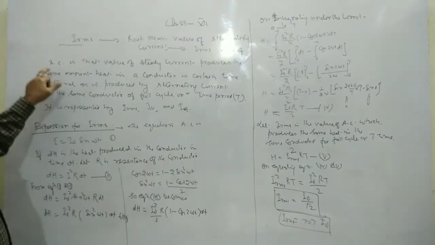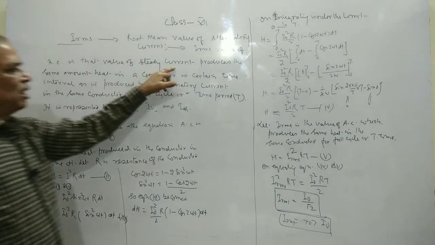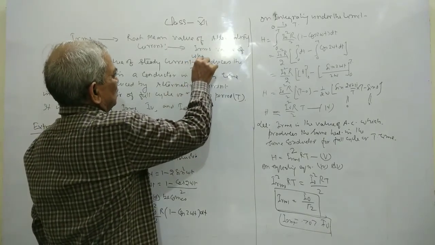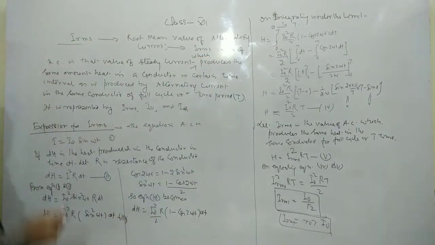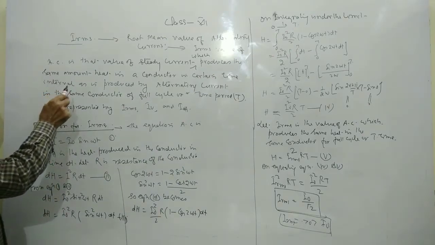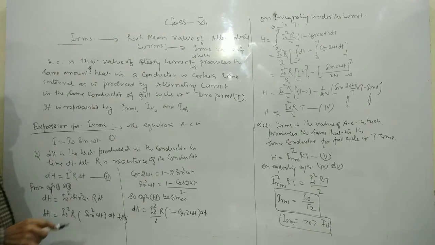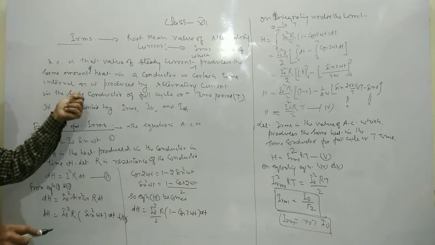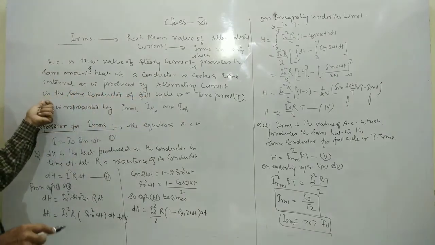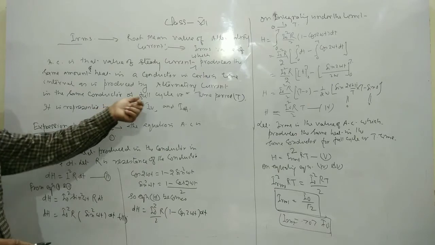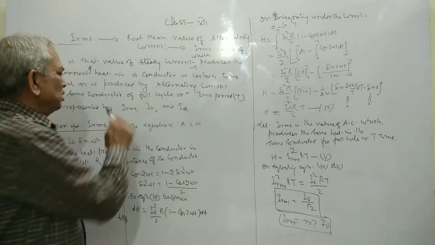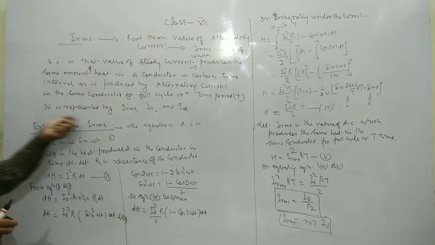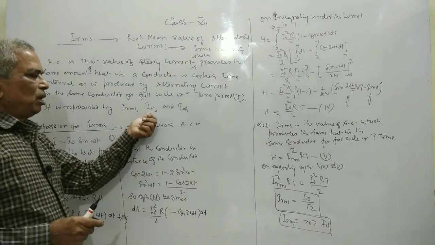The IRMS value of AC is that value of steady current which produces the same amount of heat in a conductor in a certain time interval as is produced by alternating current in the same conductor for the full cycle or time period T. It is represented by IRMS, I virtual and I effective.